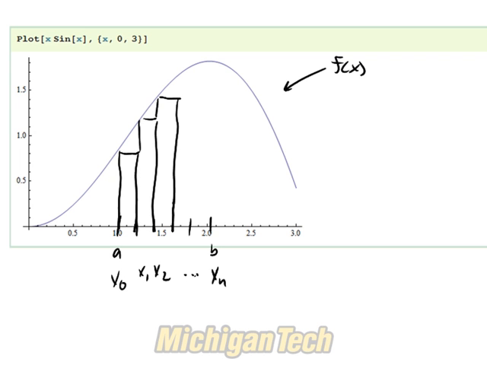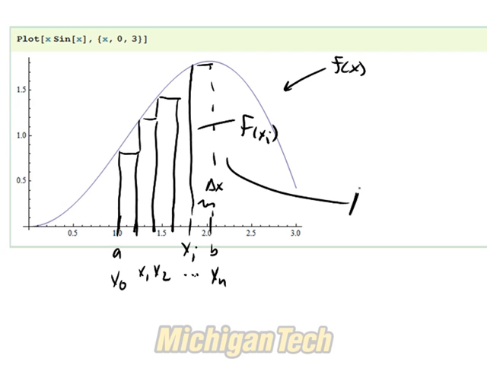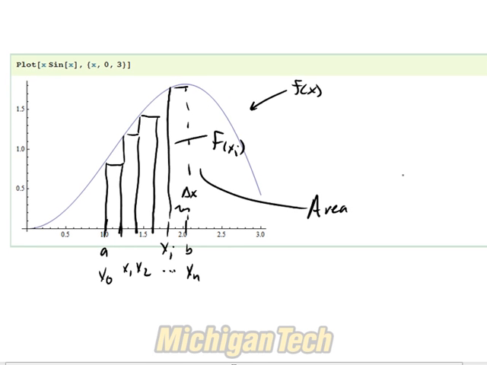So if I look at some arbitrary point in the middle, x sub i, the height at that point would be f of x sub i. The thickness would be delta x, and then the area of just that rectangle would be f of x sub i times delta x.